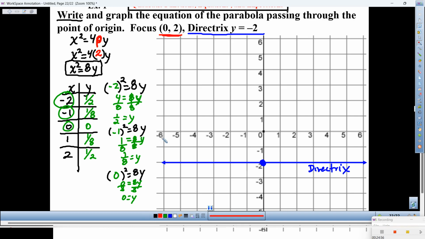Next, we need a focus. The focus is in red. (0, 2). Label that focus. From there, we're going to plot our points. Here we go. Negative 2 and 1/2. Negative 2, 1/2 is about right there.